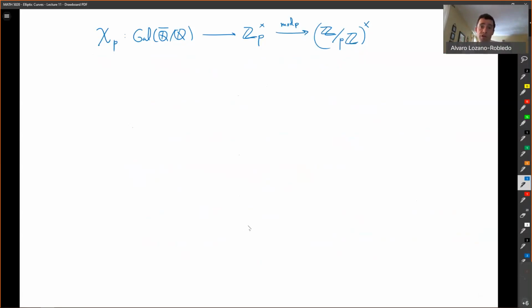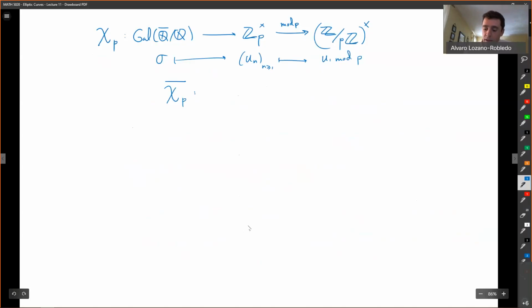Just remember the first coefficient, u_1. So sigma goes to u_n, and this just sends this to u_1 mod p. And again, this map, let's call it chi_p bar, goes from the Galois group to (Z mod pZ) cross. This is the mod p cyclotomic character.